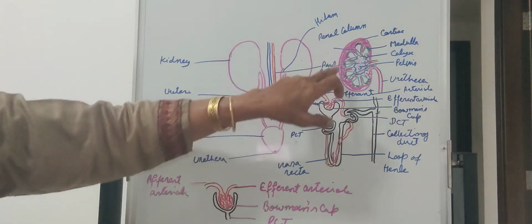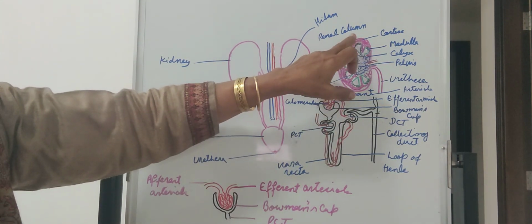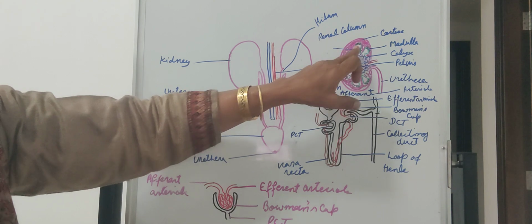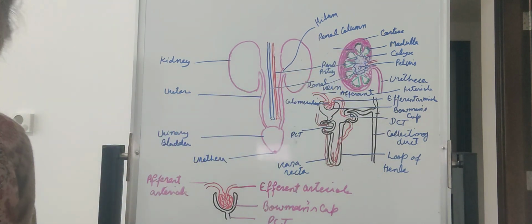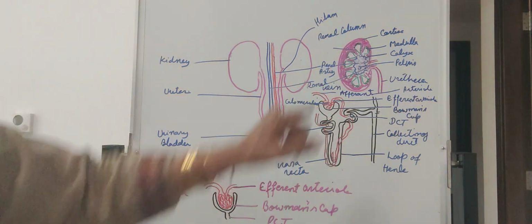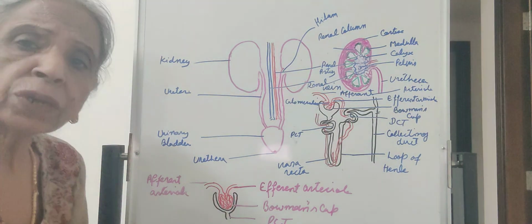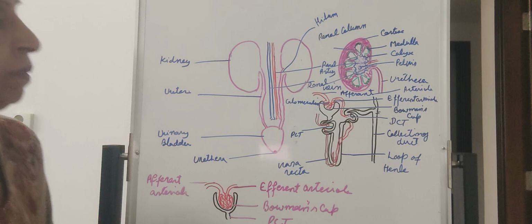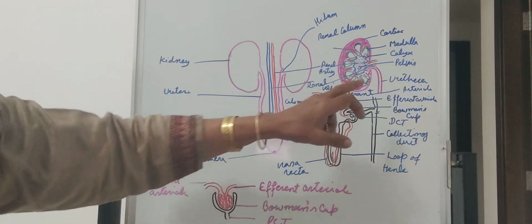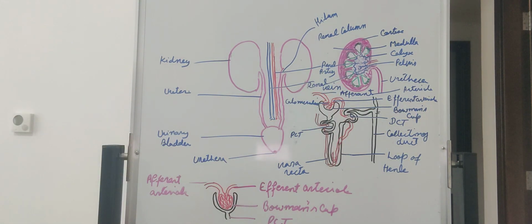The cortex is the outer zone. The cortex also extends in between the two medullary pyramids. That portion is called the renal column or column of Bertini. The kidneys are supplied with pure blood by the renal arteries, and impure blood is collected by the renal veins.